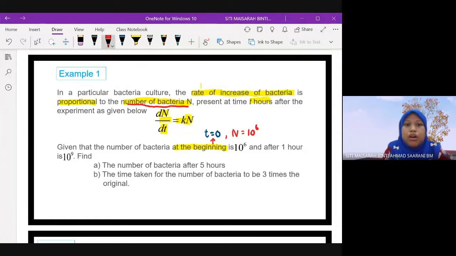This is number of bacteria is N lah. Kena ingat ni. Kena tulis dekat awak punya solution tu lah. Yang awak kena ingat N tu apa. N tu for this case is number of bacteria. So jadi, and then after 1 hour is 10 to the power of 9. After 10 hour, so T dia berapa?